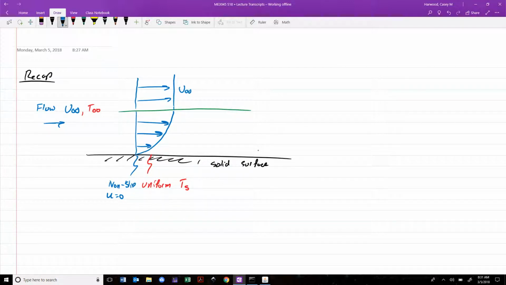And so we would call this layer where the velocity is transitioning the boundary layer, and we denote the thickness of that layer by the symbol delta.